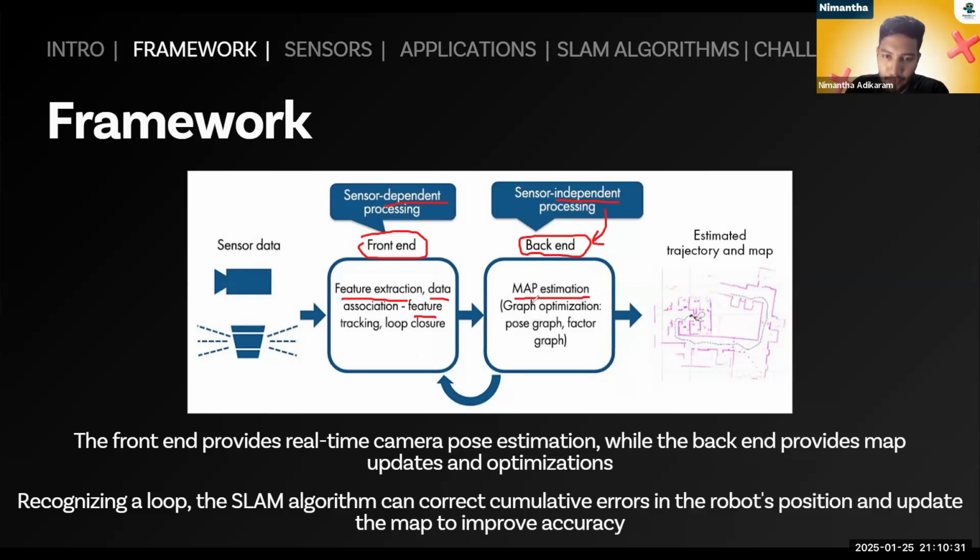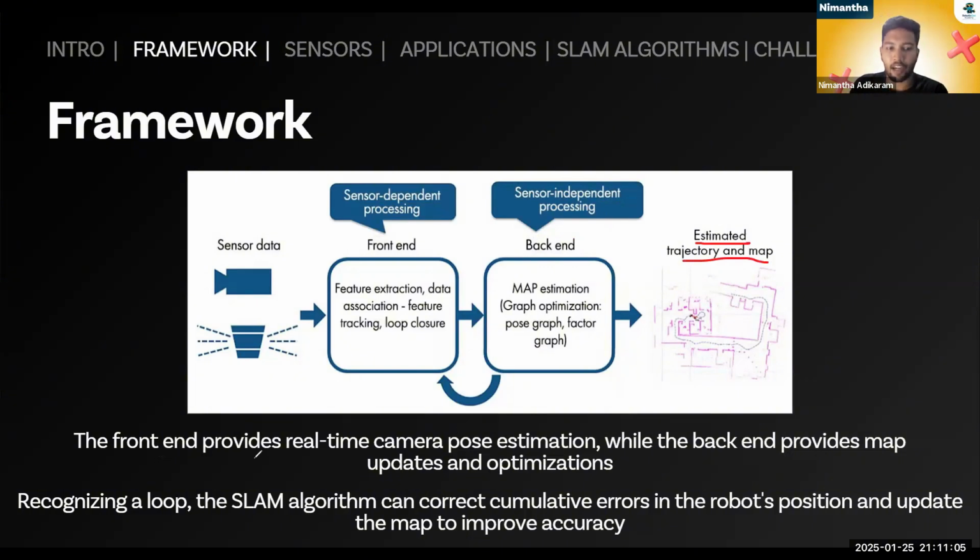For map estimation, we will have graph optimization methods, and in recent research these are combined, like pose graph and factor graph. These are heavily in the maths area, so we need knowledge of the maths concepts as well. This gives the estimated trajectory and the map, so we can easily navigate.